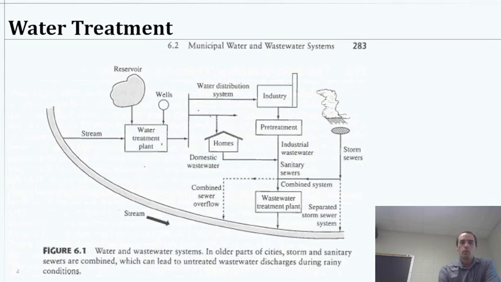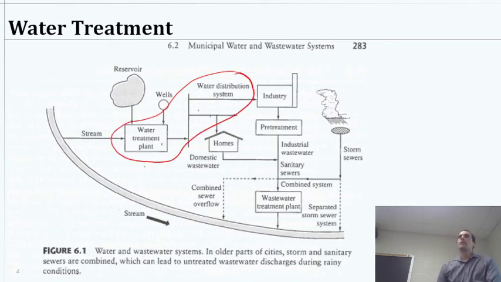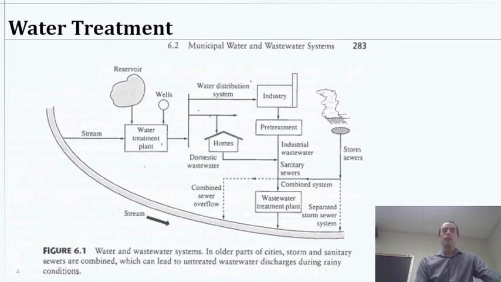From there, we have a water distribution system, and I would say that's, in a way, part of the treatment operation, because it needs to carry enough residual disinfectant, needs to be maintained, and it typically is under the purview of whatever municipality is providing that water treatment. So that really is often described as part of the water treatment system.